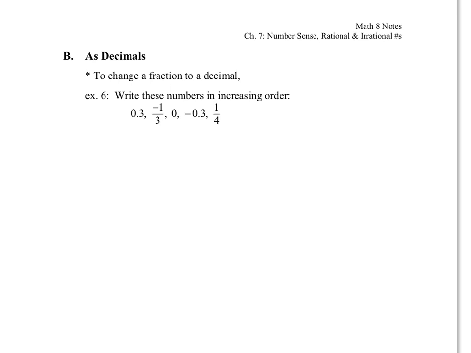Other way: make them decimals. How do you change a fraction to a decimal? No, we just did decimals to fractions. How do you do a fraction to a decimal? I would look at the note on the board in the upper right corner of the whiteboard.